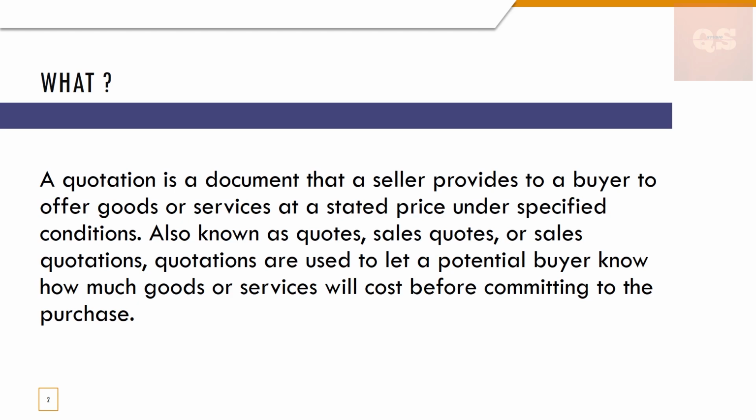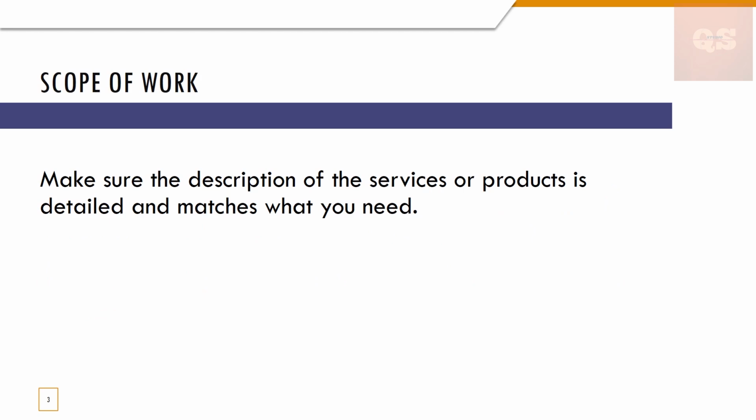So let's start the different checklist points that you need to understand. First is the scope of work. Make sure the description of the service or product is detailed and matches what you need. So you might have a specific requirement. When you get that quotation, make sure that the supplier or that service provider understands your requirement. That same level of understanding is there.